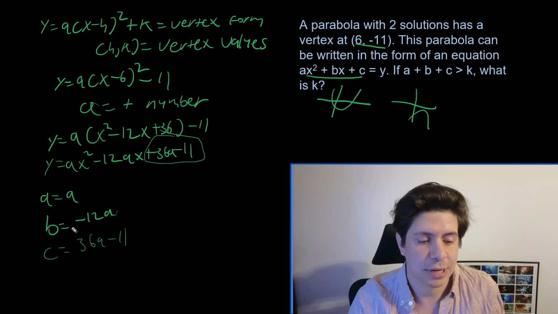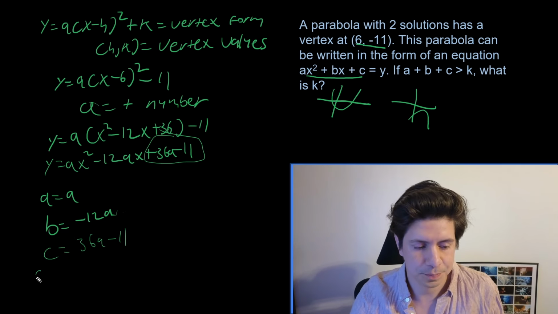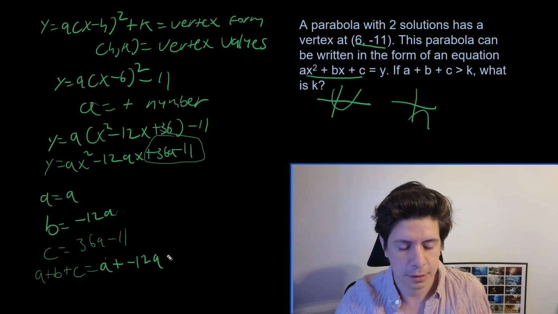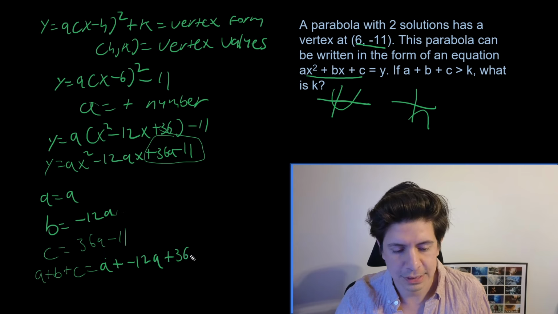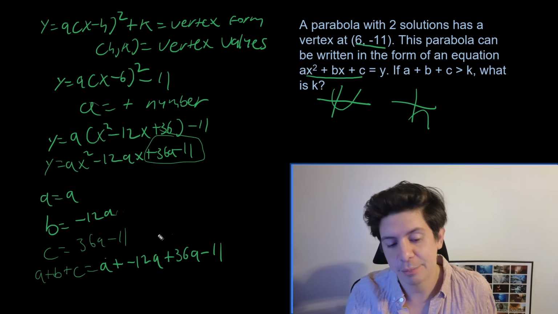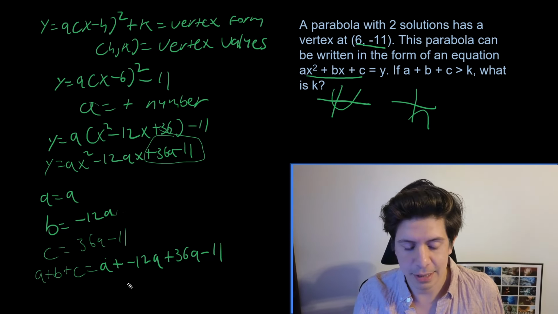Okay, so now a plus b plus c equals a plus negative 12a plus 36a minus 11. So when we combine the a's, we're going to get a plus 36a is 37a minus 12a.